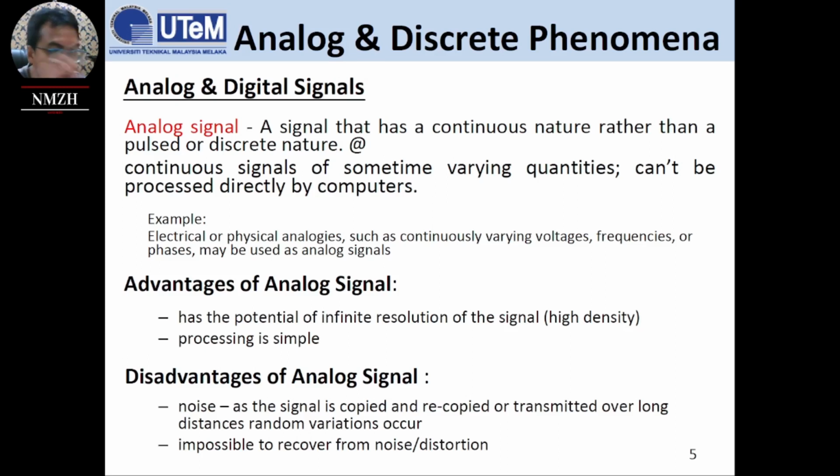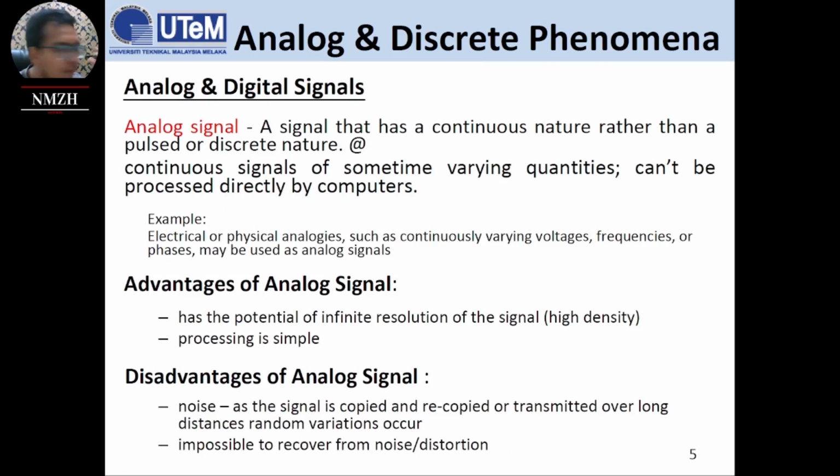So that would be a continuous high resolution signal. Processing might be simple because when we have the x-axis, we have the amplitude value, right? Speaking of the disadvantage of analog signal, noise, obviously, regards to random variation.